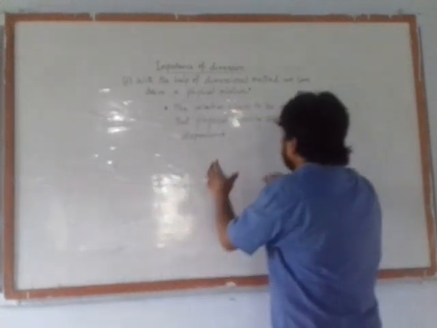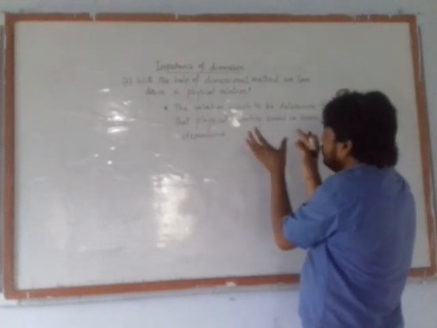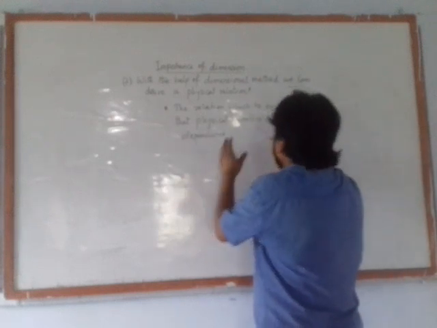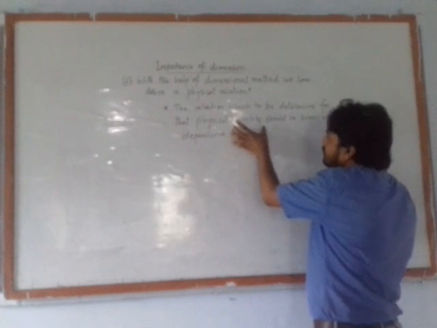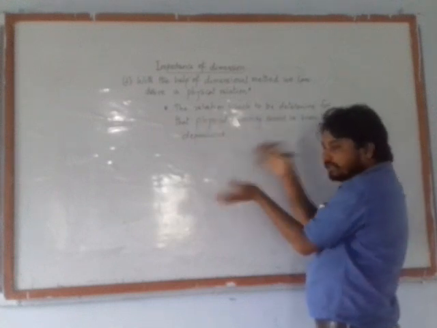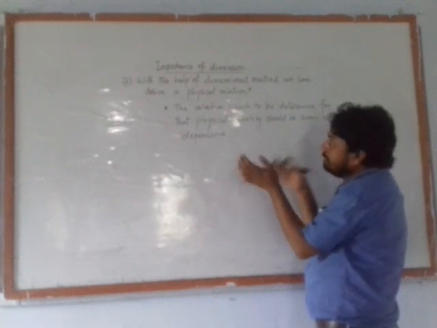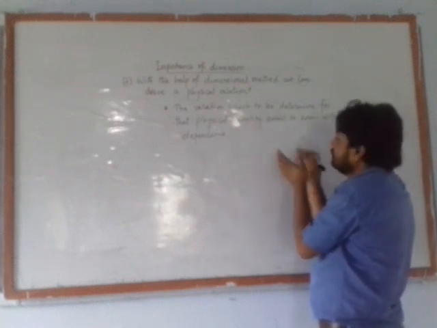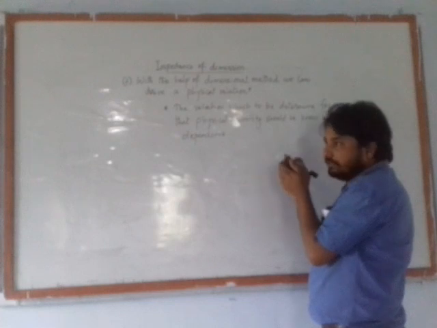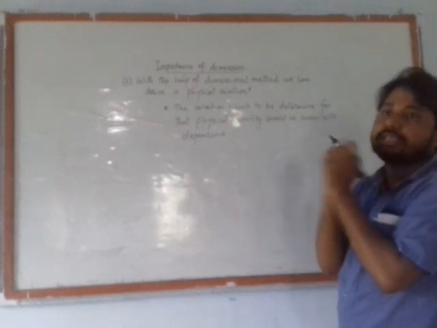I mean to say, here instead of writing quantity, it will be better to write the physical quantities. So how many physical quantities are going to relate in the particular equation, that should be given in terms of their dependence. At least the minimum relation should be stated.